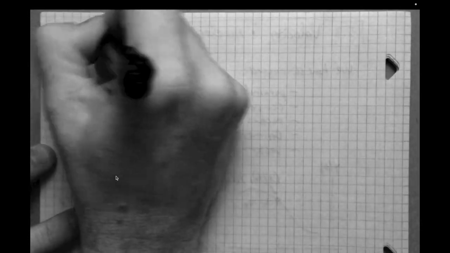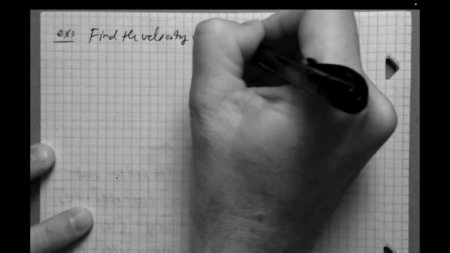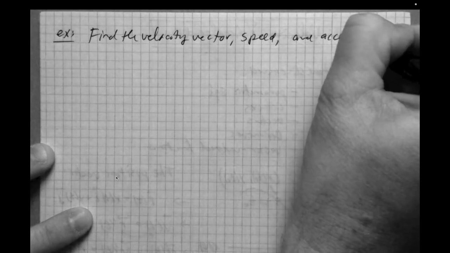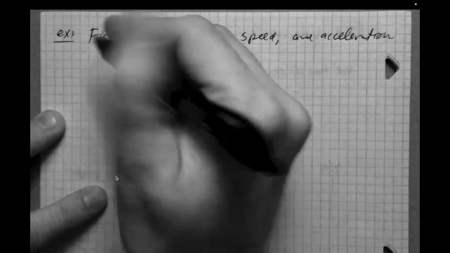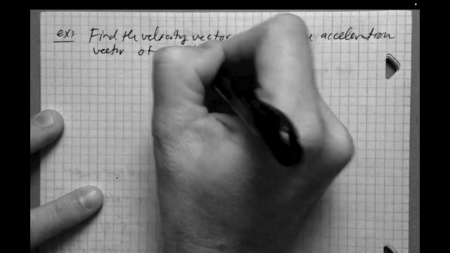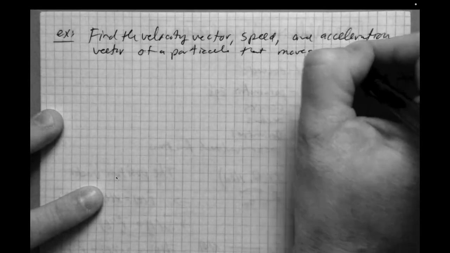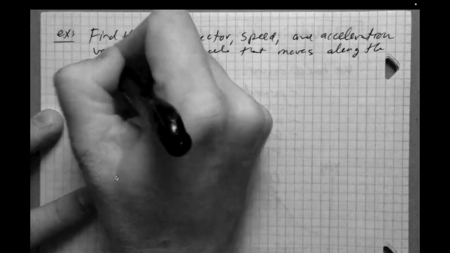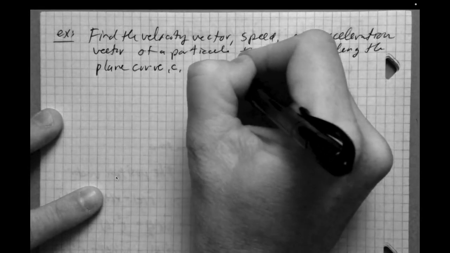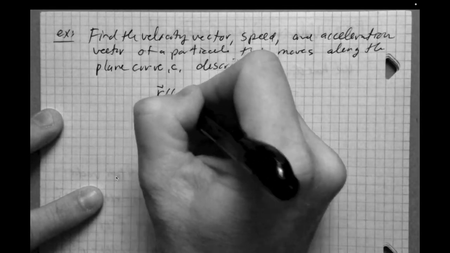Let's find the velocity vector, the speed and acceleration vector of a particle that moves along the plane curve, we'll call the plane curve C, described by, and here's our position function.